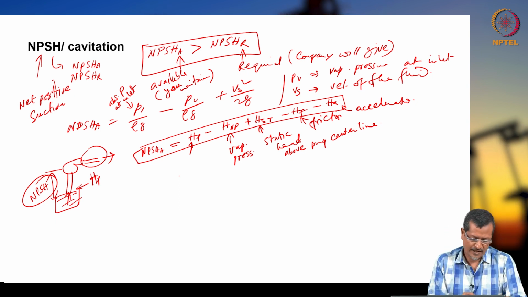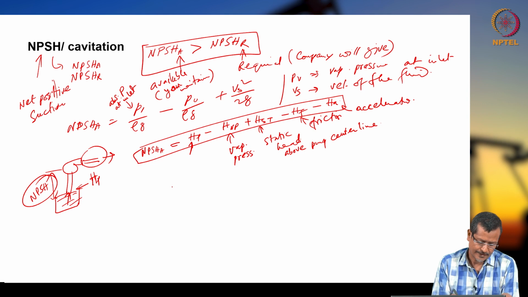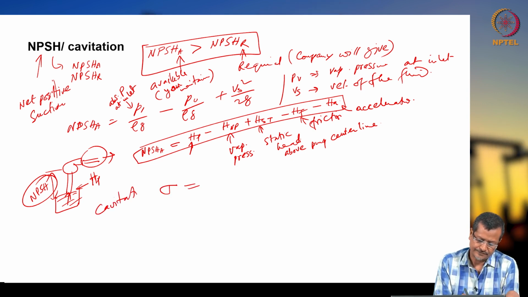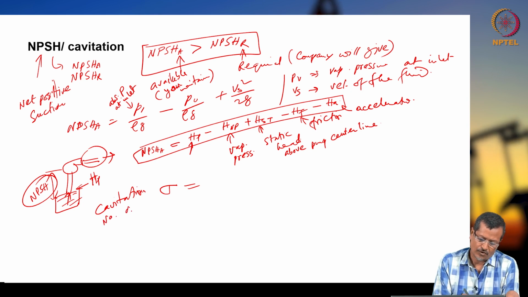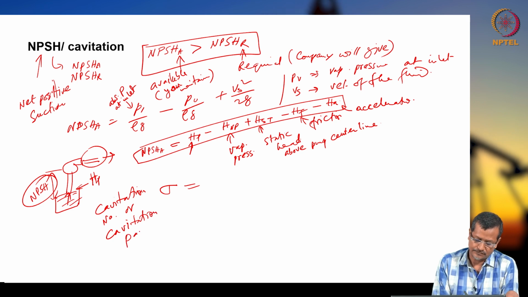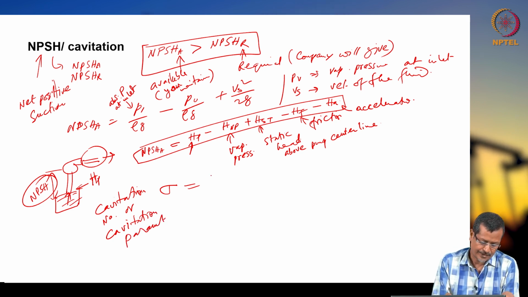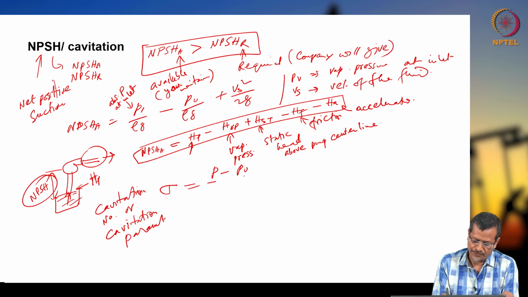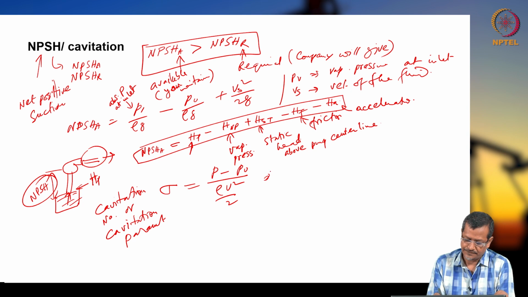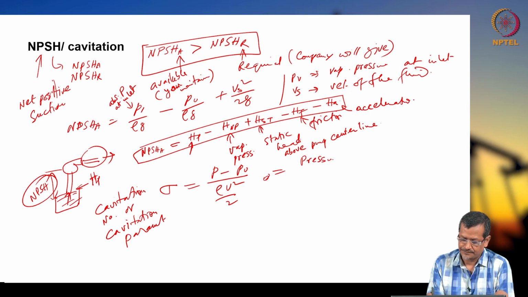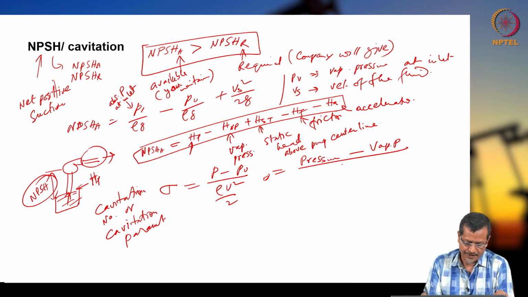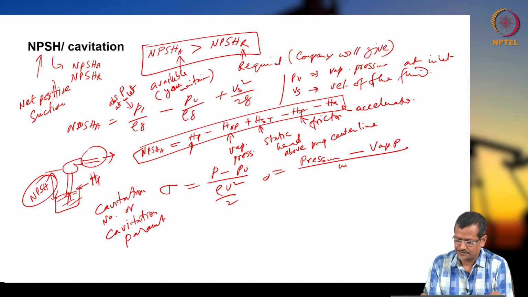One term is called the cavitation number, or cavitation parameter. Sigma equals P minus PV divided by rho V square by 2, that is, pressure minus vapor pressure divided by inertial pressure.